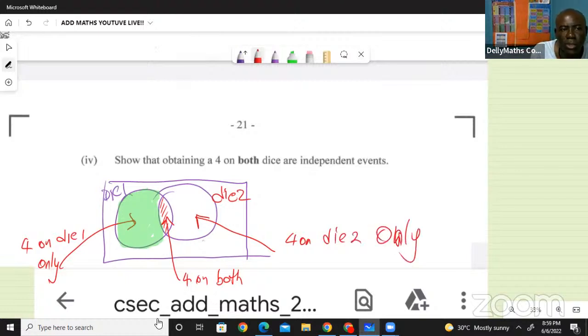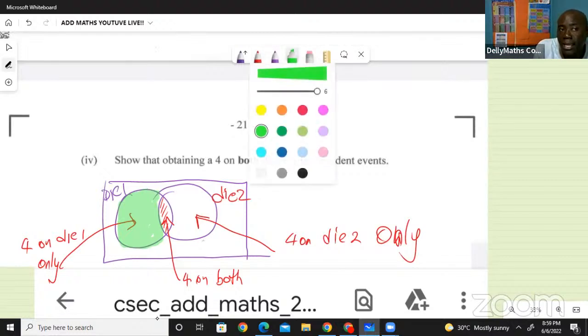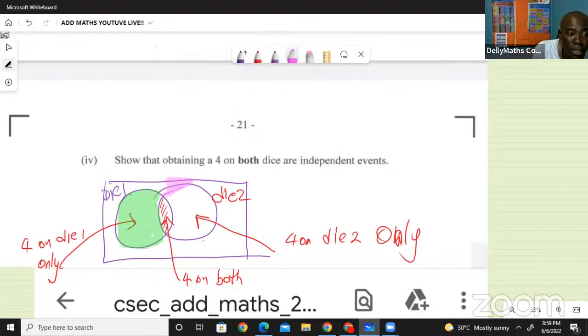So you could see that we could get the 4s in 3 different segments. We can get them on the 2 dice, or on 1 only, as well as on 2 only. So they're operating independently.